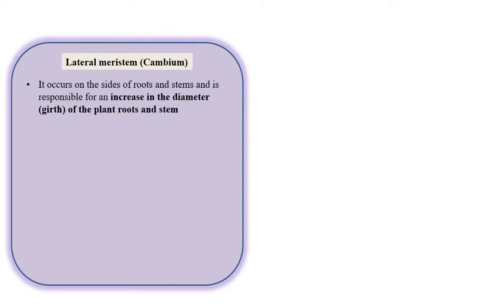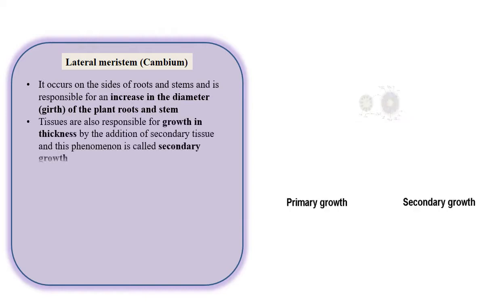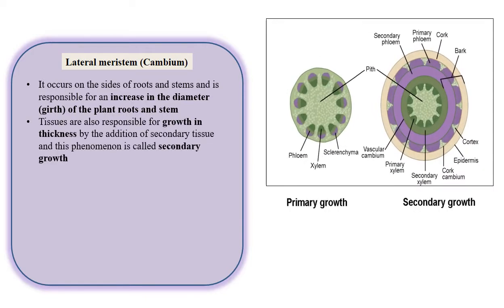Lateral meristem. Cambium. Lateral meristem occurs on the sides of the roots and stem and is responsible for an increase in the diameter, that is girth of the plant, roots and stem. These tissues are also responsible for growth in thickness by addition of secondary tissue, and this phenomenon is called secondary growth.